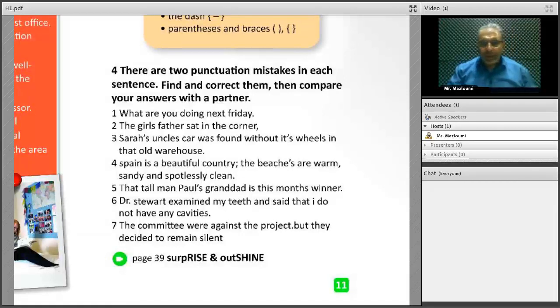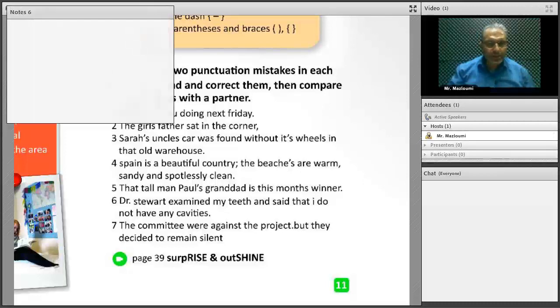So everyone, in number 1, remember there are 2 mistakes in each number.